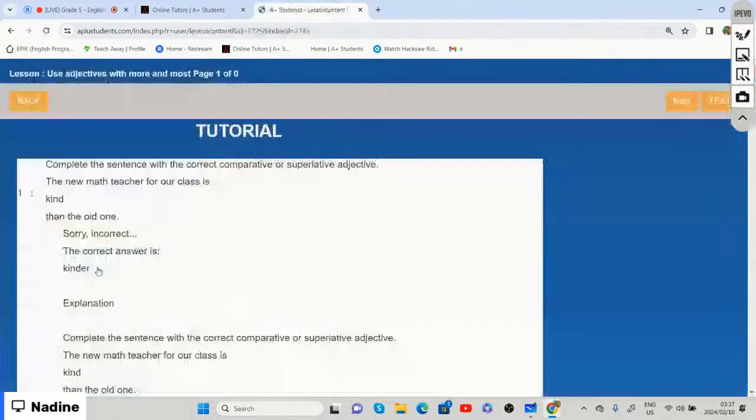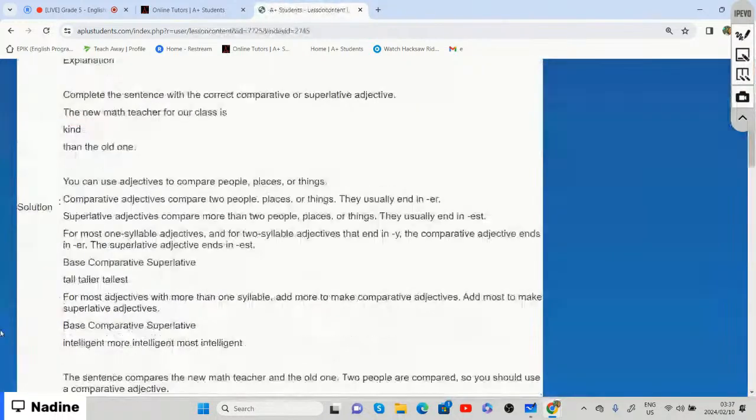So now we're going to use adjectives with more and most. And we say that if the word has more than one syllable, two or more syllables, we add most, right?